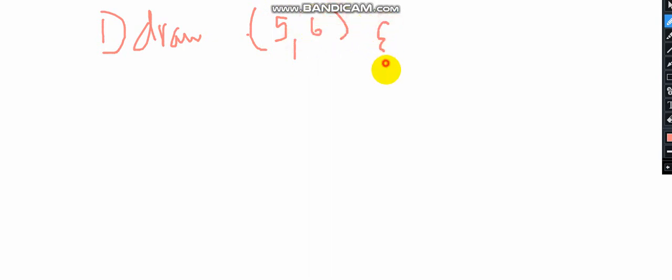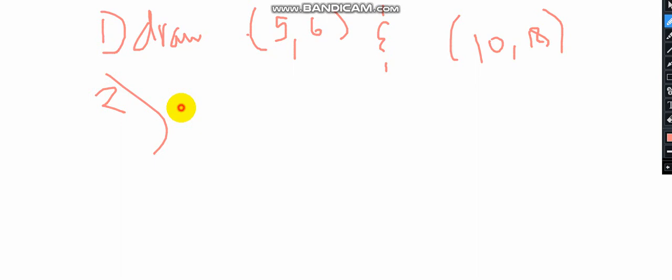The first question is: draw 5, 6 and 10, 18. Number 2 is a 4-part question, and answers will be in the description below. You have to tell me which quadrant these coordinates are in.